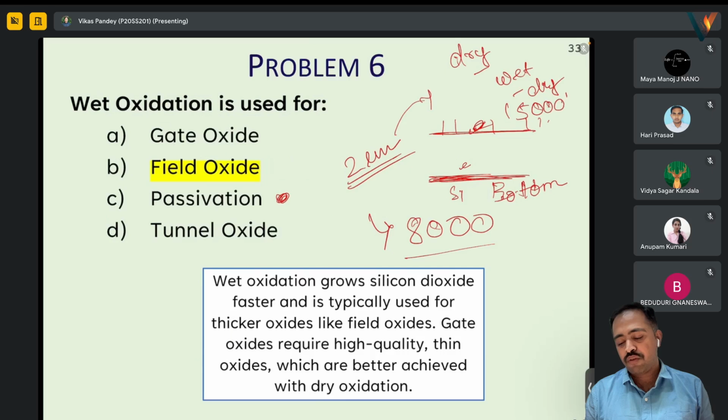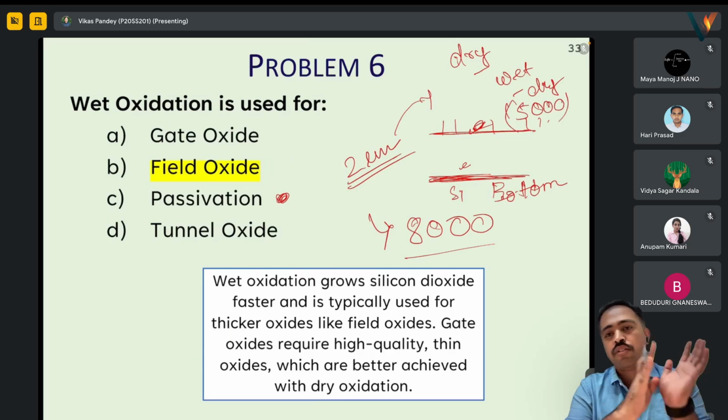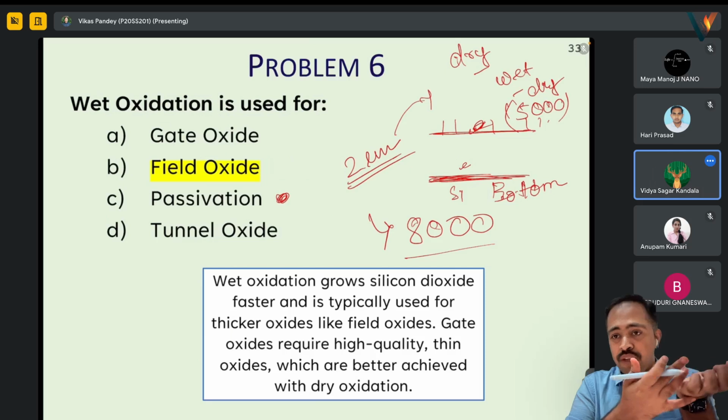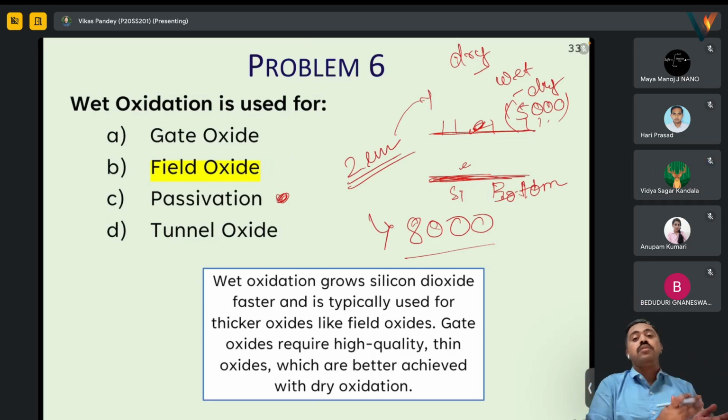Which one will you go for if your purpose is just to make a sensor? 5,000, certainly. So cost also plays a role. The time for processing has increased, so cost increases. These factors are very important when we are considering what kind of oxidation process for which purpose.